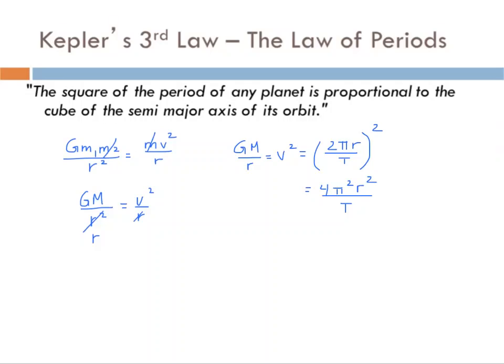And if we rearrange and solve for T squared, we get T squared equals 4 pi squared r cubed over G times M. Now you can see that everything inside that I've circled is a constant, so my period only depends on the distance. Now again, this derivation is going to be important to be able to recreate.